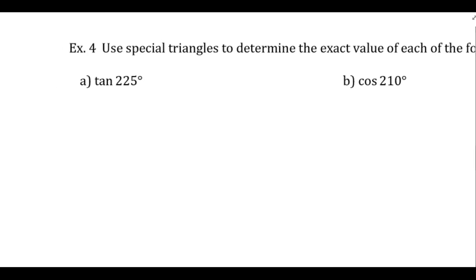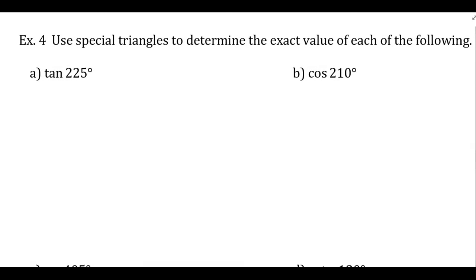Okay, we're not going to have time to do all 4, but maybe we'll do one of these. Use special triangles to determine the exact value of each of the following. So I'm going to do a little sketch of this guy. 225 degrees, remember? We know that's in the third quadrant. So 225 is my angle all the way around. But then what is my related angle?